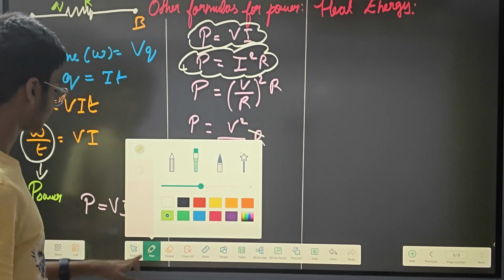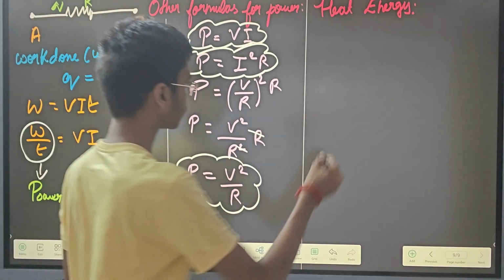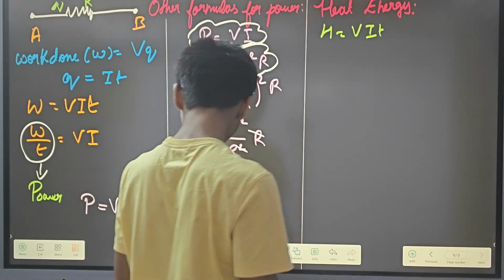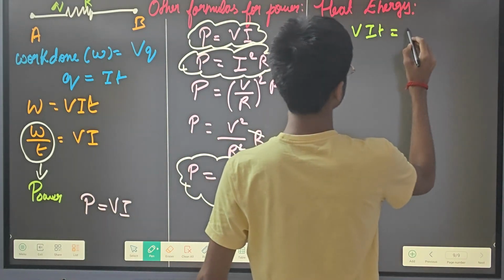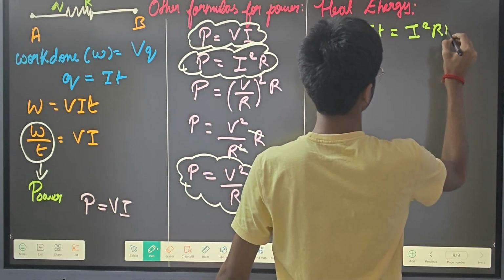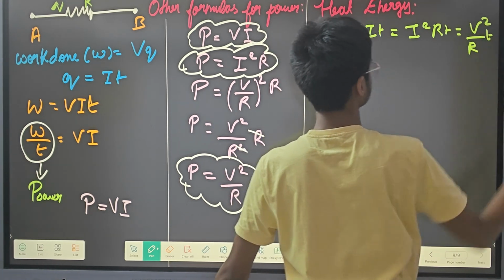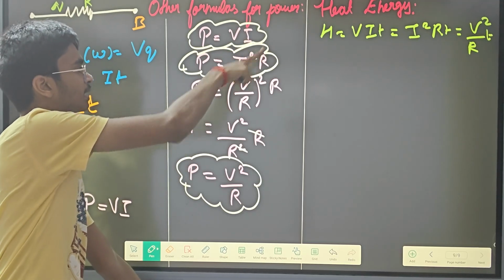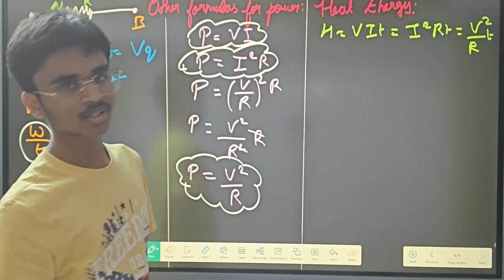So like that, the energy which is heat, heat energy is equal to VIT. There are many other forms too: I square RT, and V square by R into T. Very simple. All you have to do is just multiply T with these. VIT, I square RT, then V square by R into T. That is what the difference is.